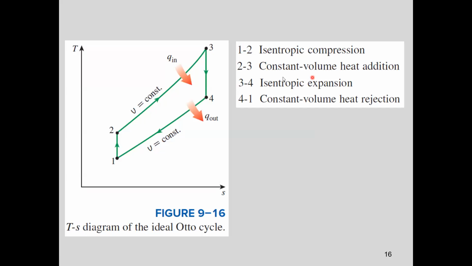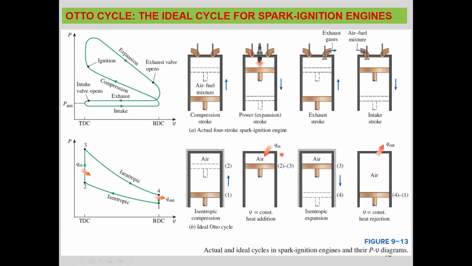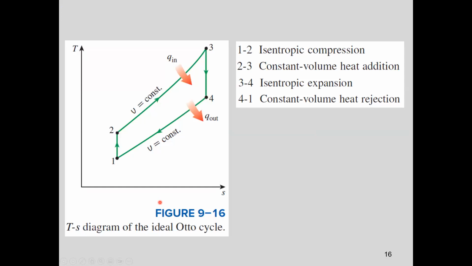Okay, here, this is the TS diagram of the Otto cycle. We discussed the PV diagrams before, right? This is the PV diagram of the Otto cycle: processes 1-2, 2-3, 3-4, 4-1. And this is the TS diagram. 1 to 2 is isentropic compression.